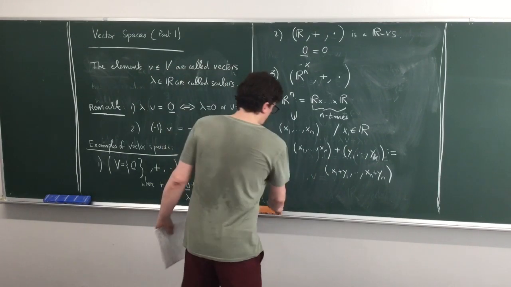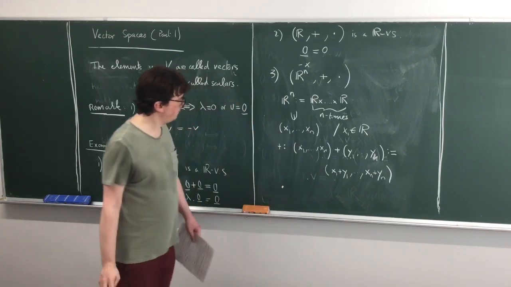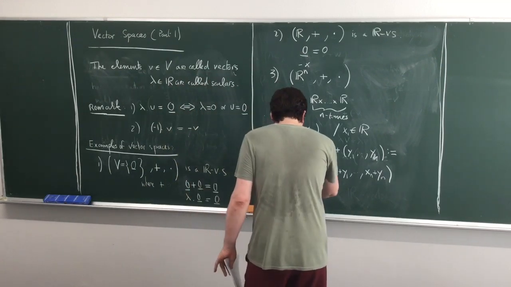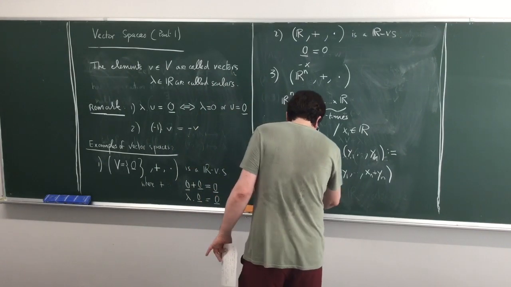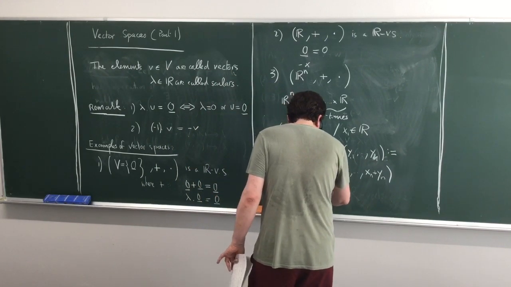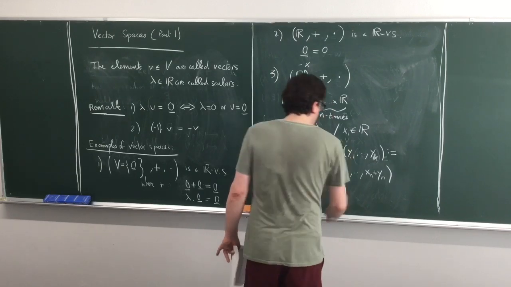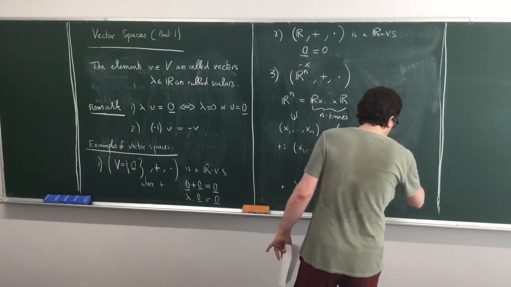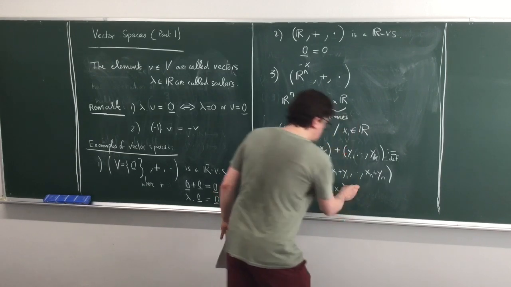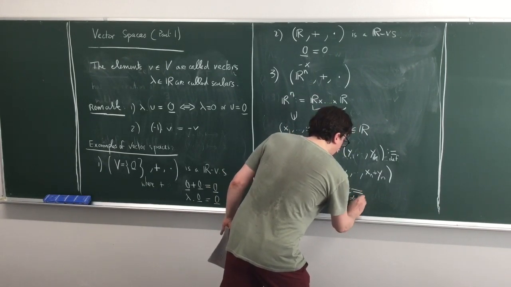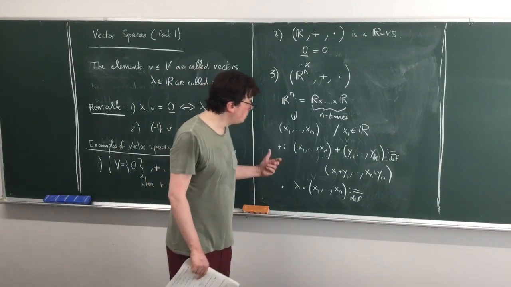Okay. Now, the second operation that I need to define is the scalar multiplication. In this case, I start from a scalar, which is some lambda in R, and a vector. So I need to define the meaning of lambda times (x1, ..., xn). Here you understand this is a definition. The result should be a vector, which means in this special case, an n-tuple.